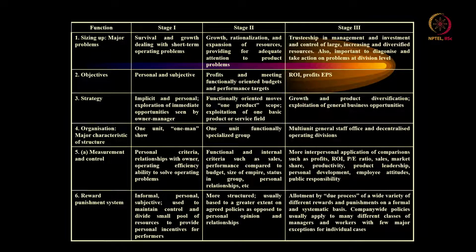When you look at strategy, stage 1 is implicit and personal. So, the entrepreneur takes the strategy call, he only decides this is how I am going. So, similar to World War II, all the types of strategies were being decided by Hitler.